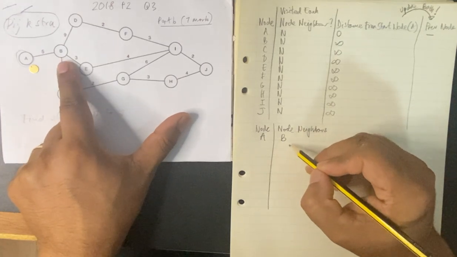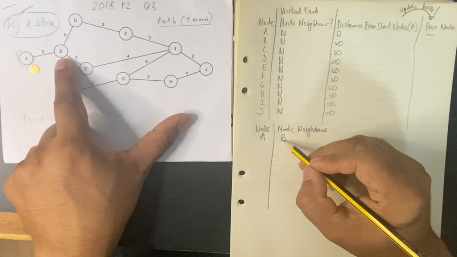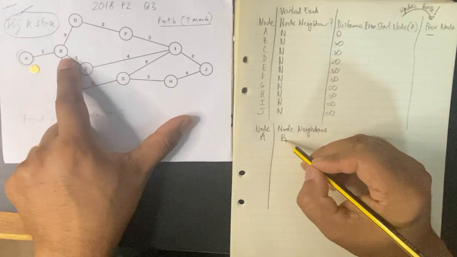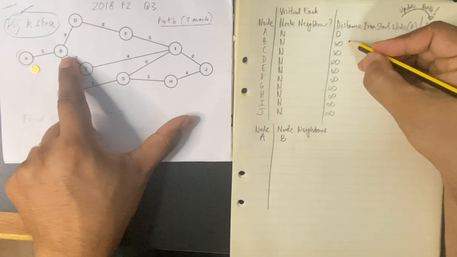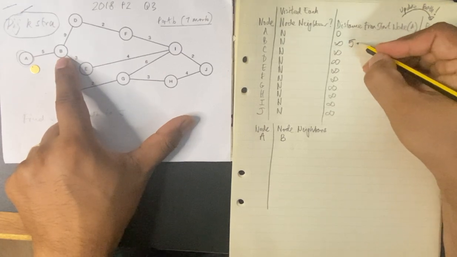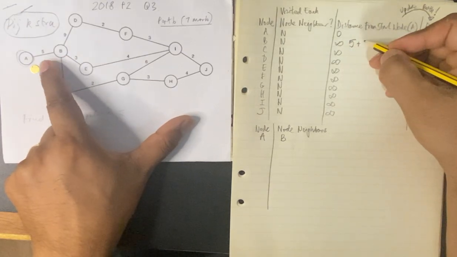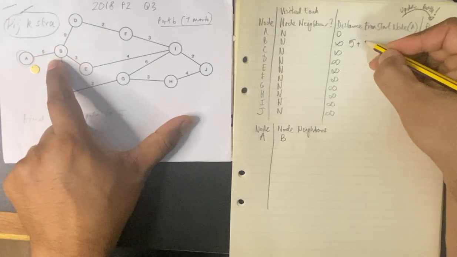Okay, we're processing all the node neighbors of A, and that node neighbor is B. So we need to go to the B row, and we're looking at the distance to the start. So it's going to be 5 plus the distance from A to the start. A to A, well, that's always going to be 0.